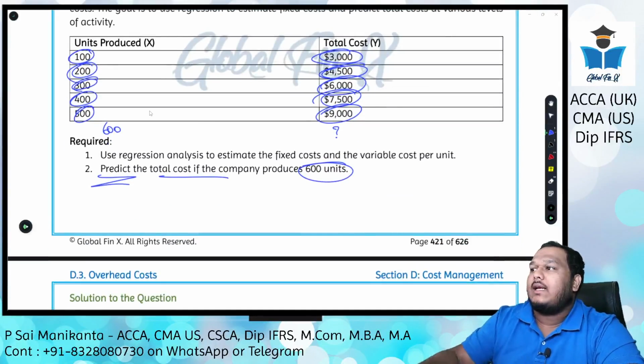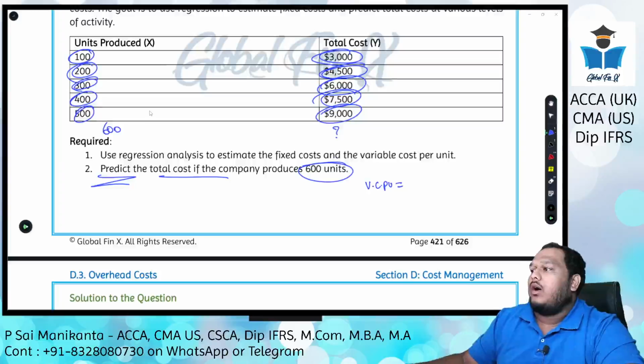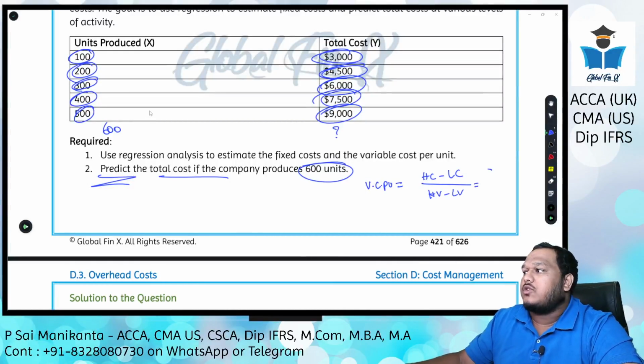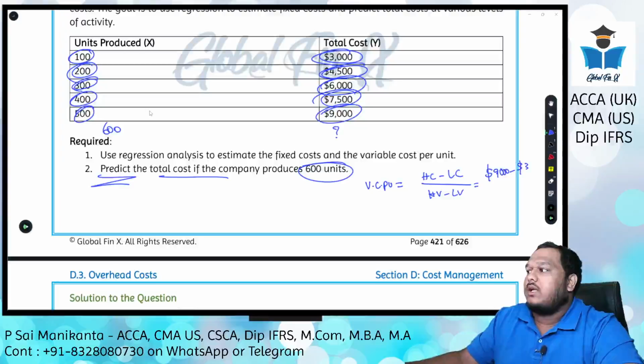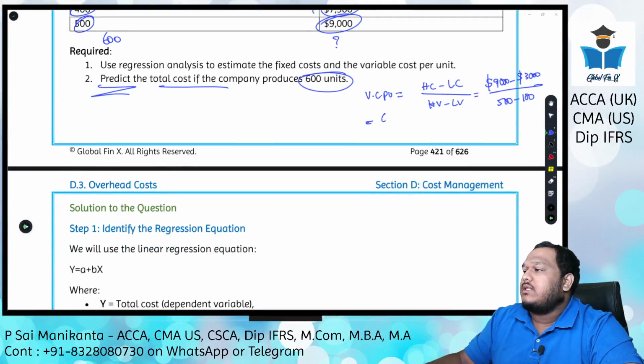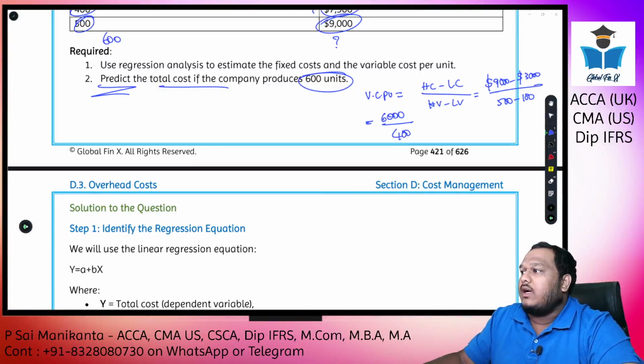So how do I calculate variable cost per unit? It is equal to highest cost minus lowest cost divided by highest volume minus lowest volume. So highest cost is 9,000 minus lowest cost 3,000. Highest volume is 500 units, lowest volume is 100 units. So 9,000 minus 3,000 is 6,000, divided by 500 minus 100, which is 400.